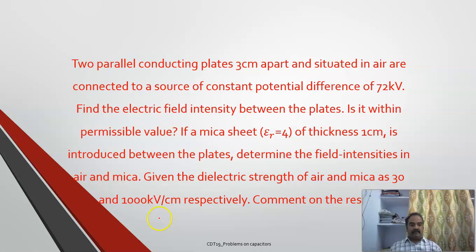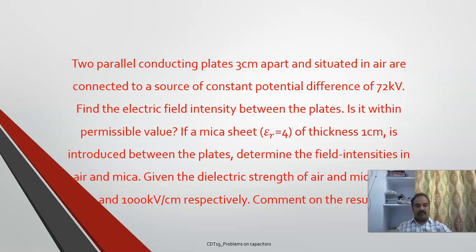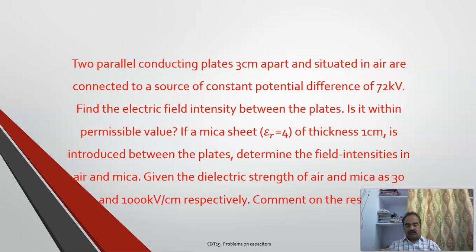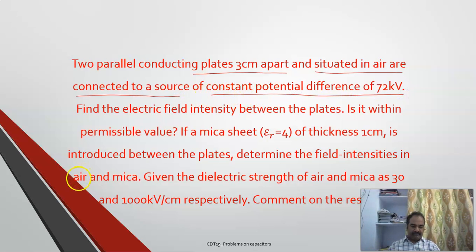Now, see the next problem. It is a little bit bigger problem. Two parallel conducting plates 3 cm apart situated in air are connected to a source of constant potential difference of 72 kV.